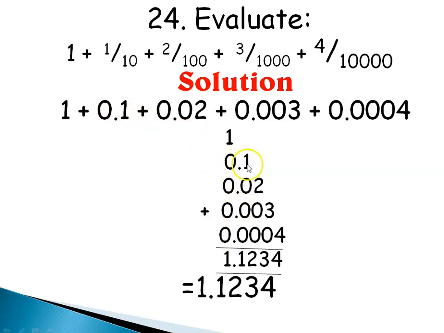So this is 0.1, 0.02, 0.003, 0.0004, and then I can add 4, 3, 2, 1, 1. That gives me 1.1234. So this is the addition of all of those numbers. Is that okay? Very good.